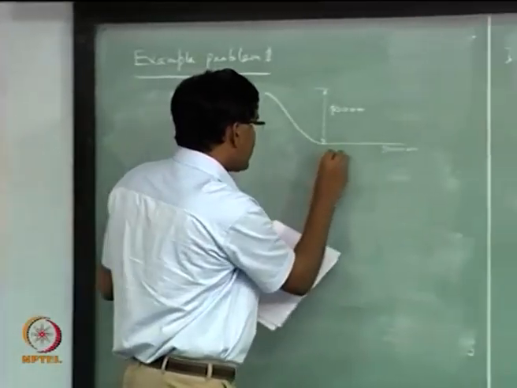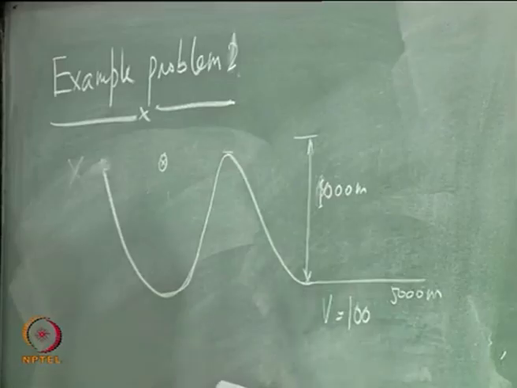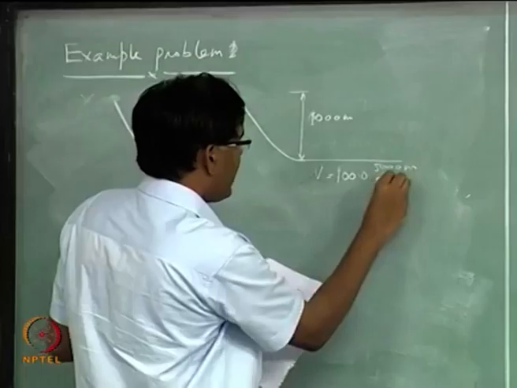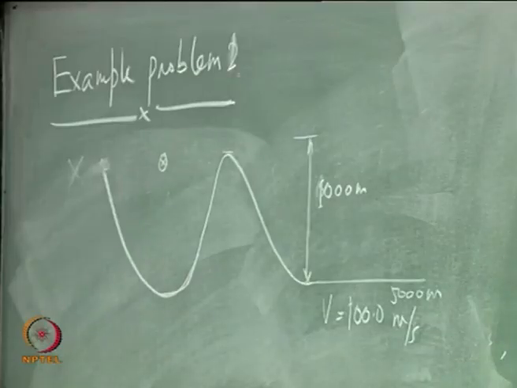So this is level flight cruise at velocity which is 100 meter per second. Right.